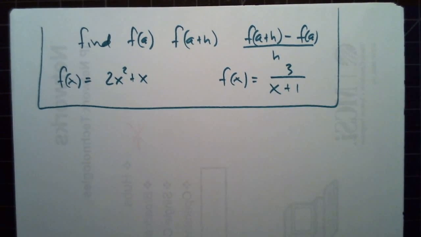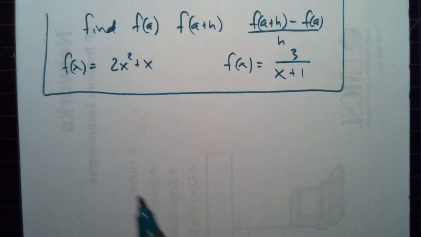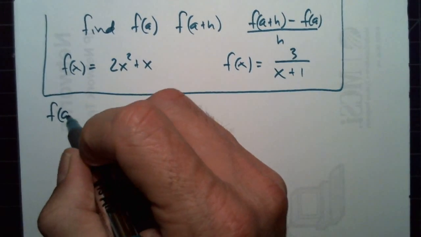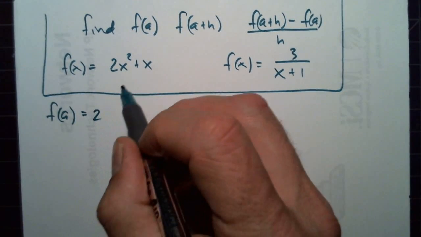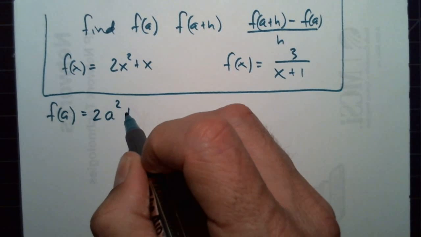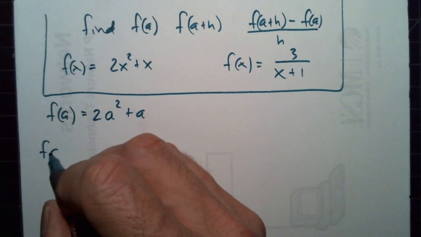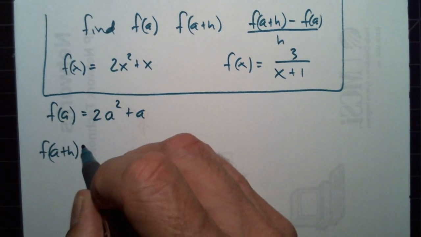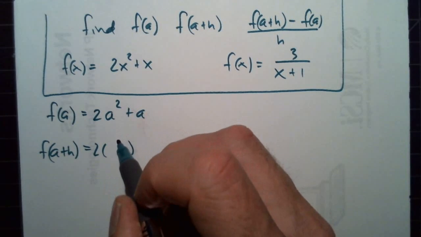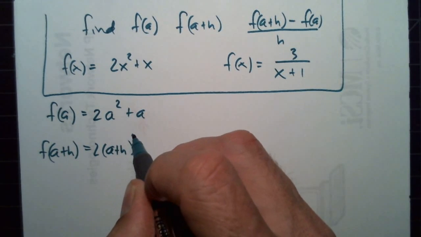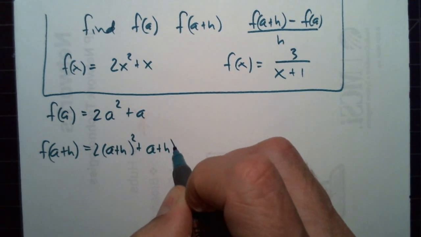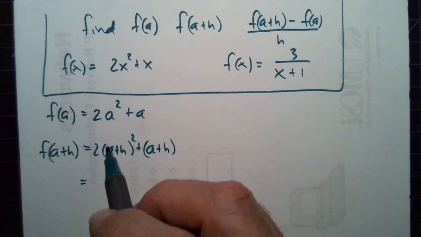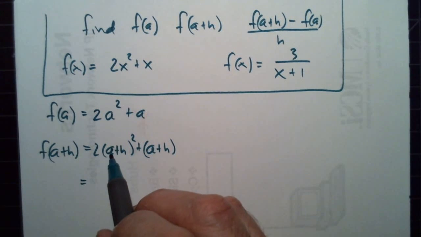Okay, pause the video and try those problems. So let's just replace the x's with an a. And let's replace the x's with a plus h. Remember that this is not a squared plus h squared.